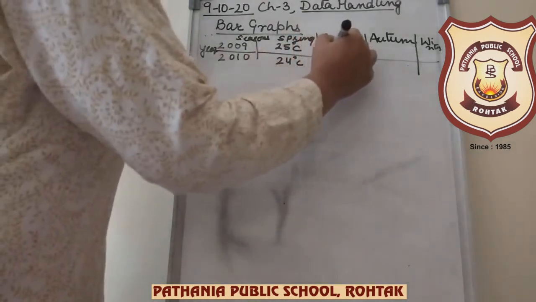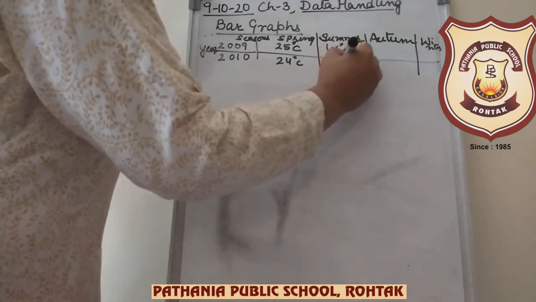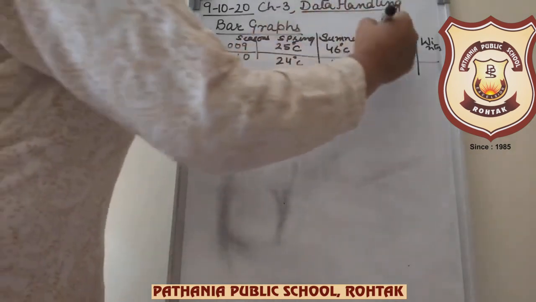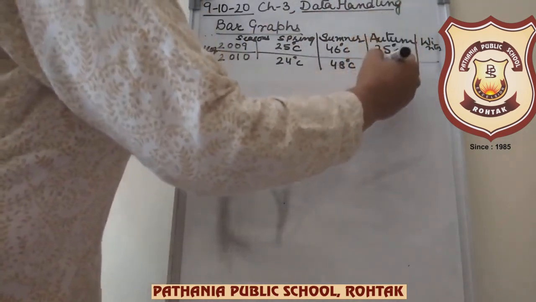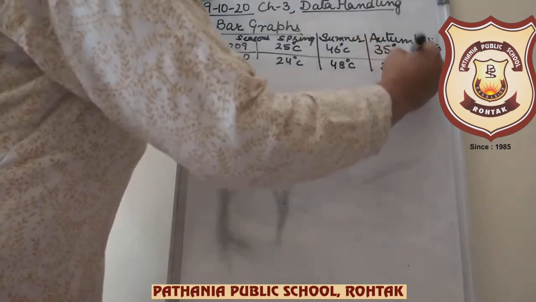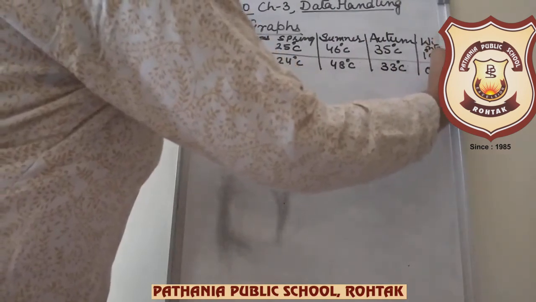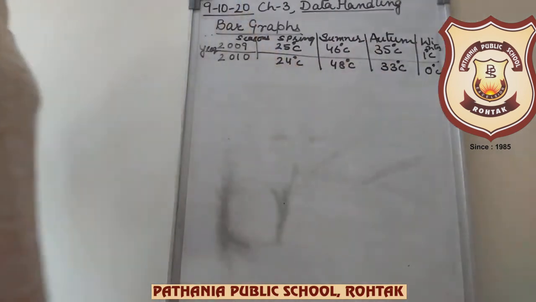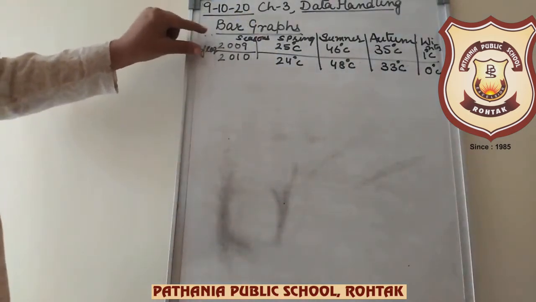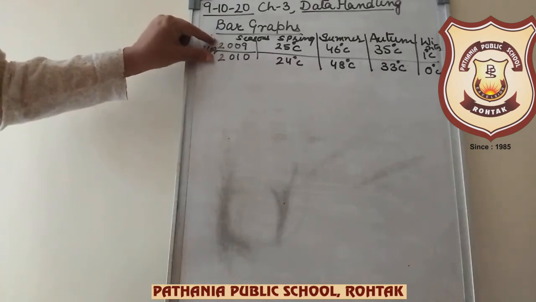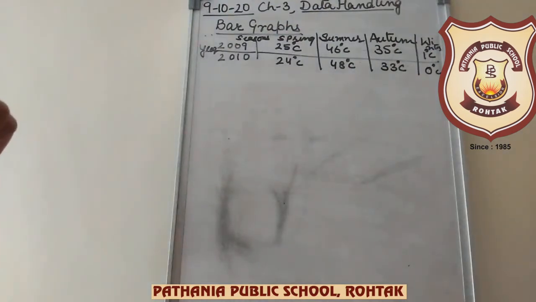For summer 46 degrees, and again in 2010 it is 48 degrees, and autumn 35 degrees, and in 2010 it is 33 degrees, and for winter it is 1 degree, and in 2010 it is 0 degrees Celsius. So here you are given the comparison between the 2 years for the 4 seasons. Clear? Now how to draw?